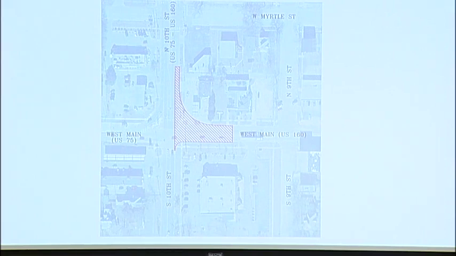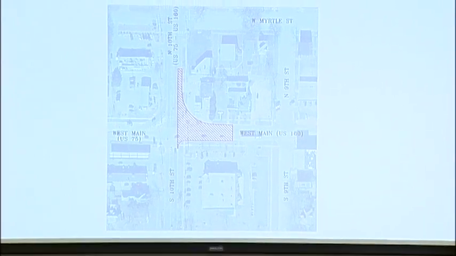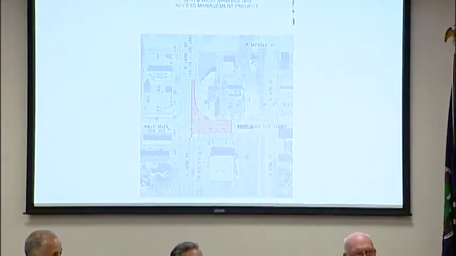If we didn't get the access management money for this portion of the project, then we wouldn't be forced to put the turn lane in, would we? We wouldn't be obligated to put it in. We could just replace that section of roadway and not do that.